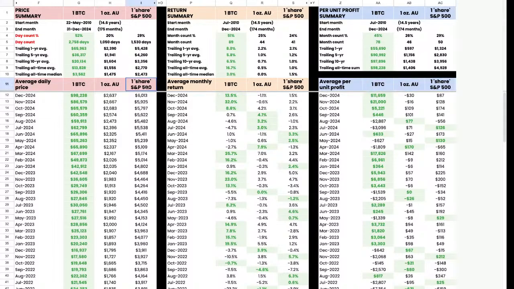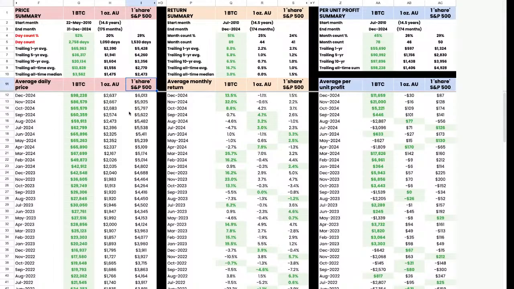I said it before, and I'll say it again. You can't buy the actual S&P 500. This is just an index put together by Standard & Poor's. So the actual value of it is what I'm calculating. The changes in the value. Of course, you can't buy an index of stocks like you can Bitcoin or gold, but it's a theoretical calculation, as all of these are kind of really theoretical calculations. You'd have to buy Bitcoin every day at close to get exactly the numbers that I'm showing you on this spreadsheet.